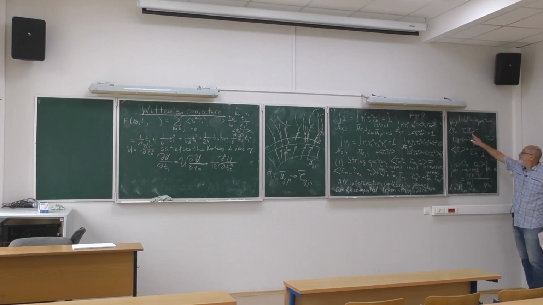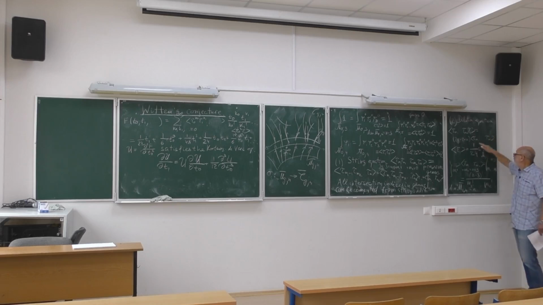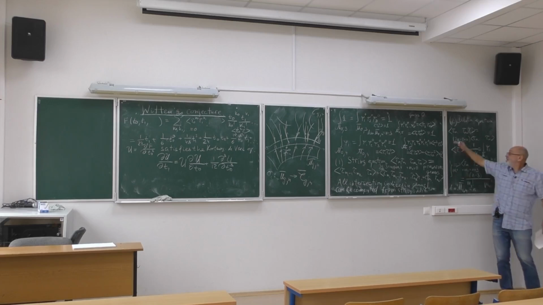We have one marked point, and the degree of the psi class at this marked point is 1. When we eliminate this marked point, the sum m1 plus ... plus mn will be 1 less than this sum here.